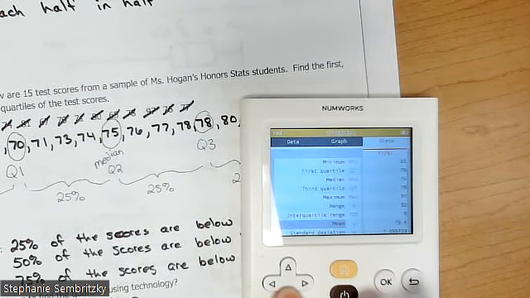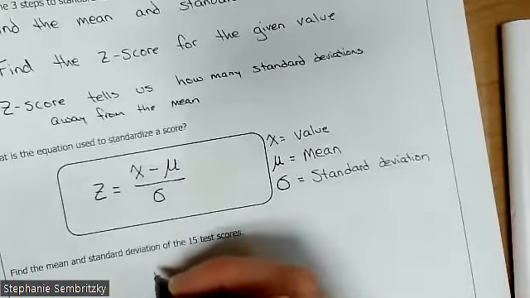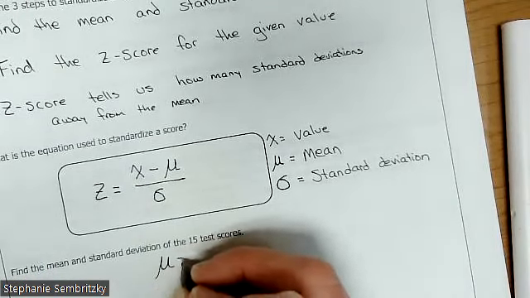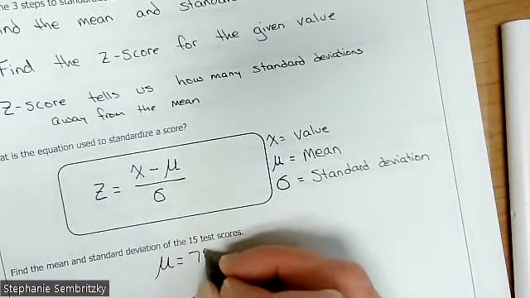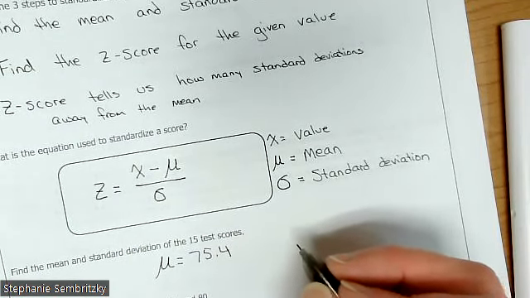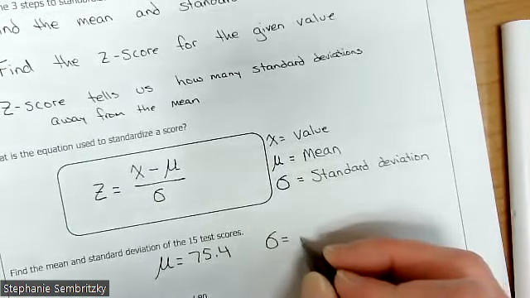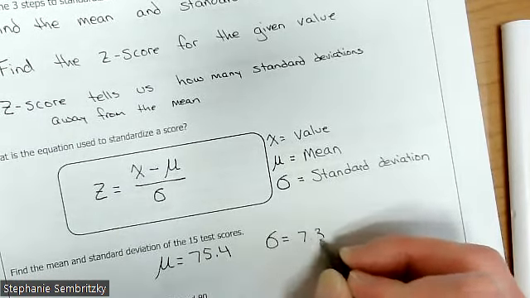But after that, it gives me the fancy mean and the fancy standard deviation, and that's what I need for this problem. So I'm going to copy it off my calculator. It's kind of hard to see it on the screen. I got 75.4. Everybody else get the same thing? And the standard deviation, it says, is 7.356.